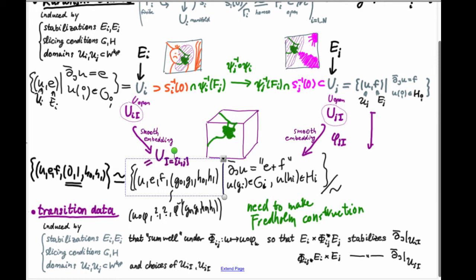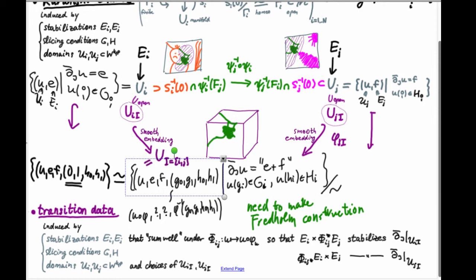And once I have that, I could make my embedding here. So that's the purple guy here. I would like an open subset in here, potentially the whole set, to embed in here.